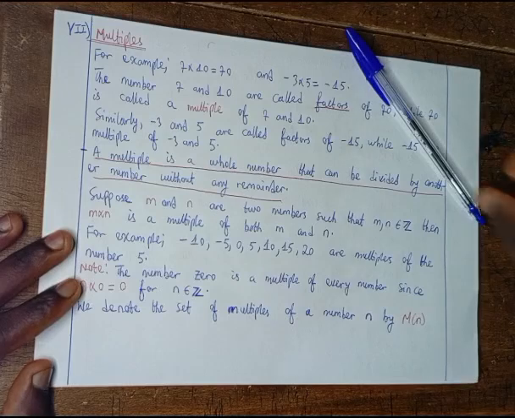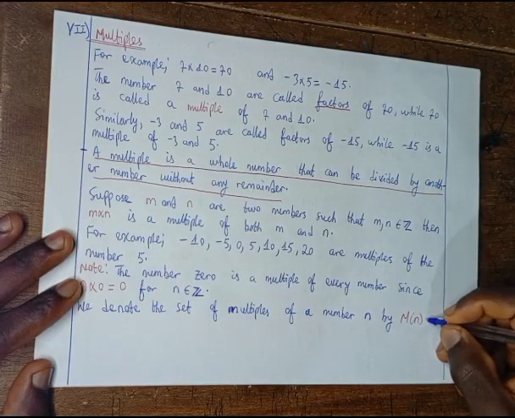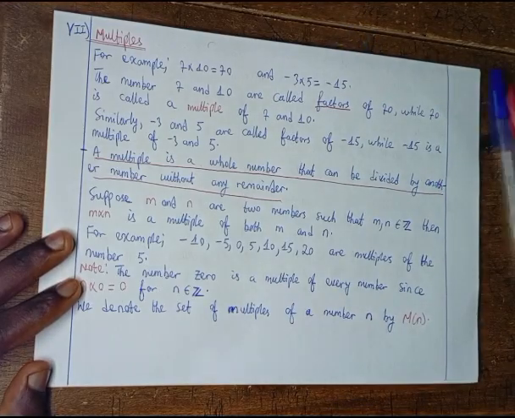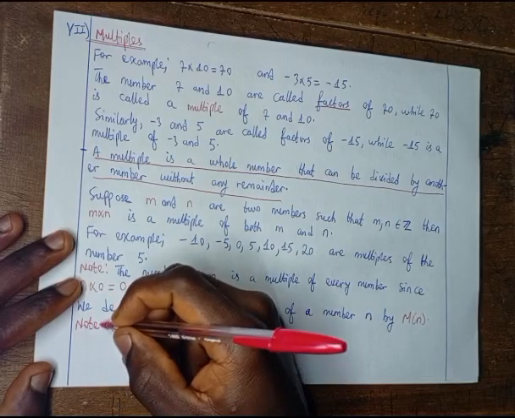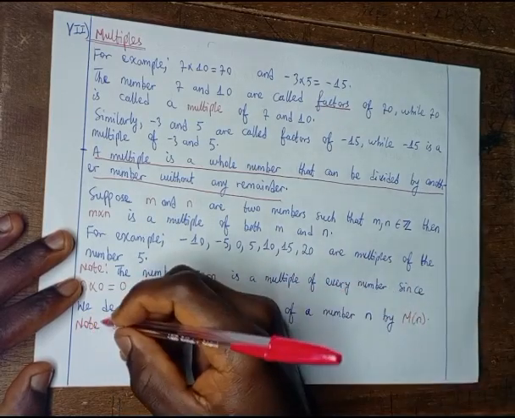This is how we denote the set of multiples of a number n. Now let's note this down.